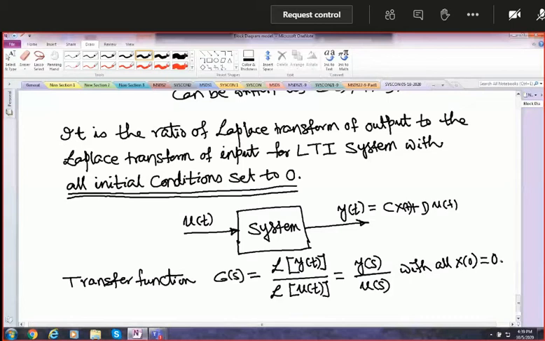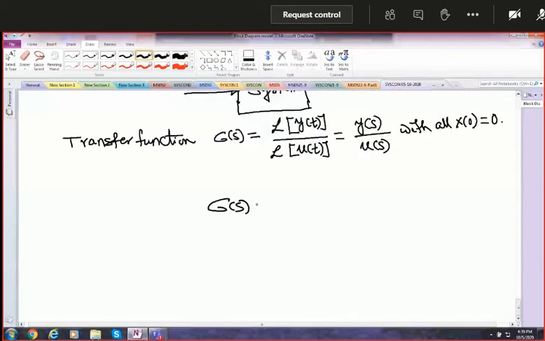So is this definition clear? It is the Laplace transform of output divided by the Laplace transform of input. Some people by mistake say G(s) is equal to the Laplace transform of output by input. That is wrong.